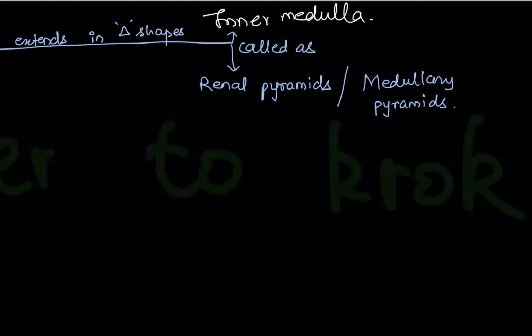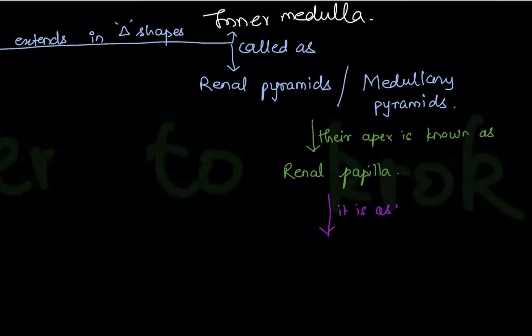Now these renal pyramids or medullary pyramids, their apex is known as renal papilla. Now write down this renal papilla. It is associated with minor calyx.